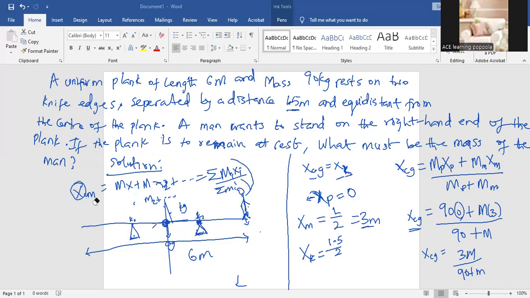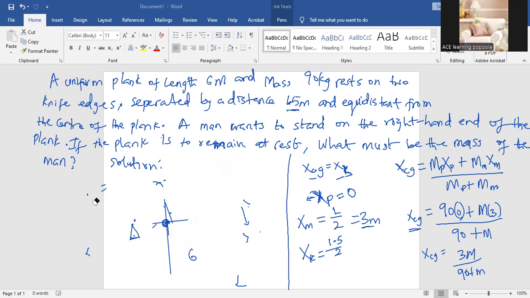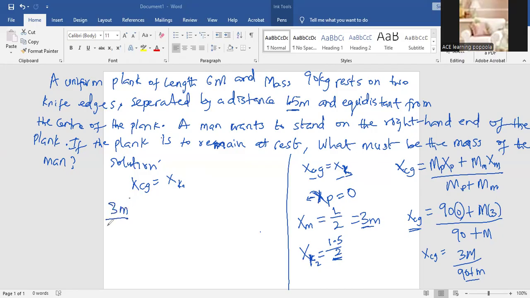Since we know that the position of the center of gravity is 3M over 90 plus M, and we know that XCG should be on knife edge 2, which is at 1.5 over 2, we'll now say 3M over 90 plus M is equal to 1.5 over 2.